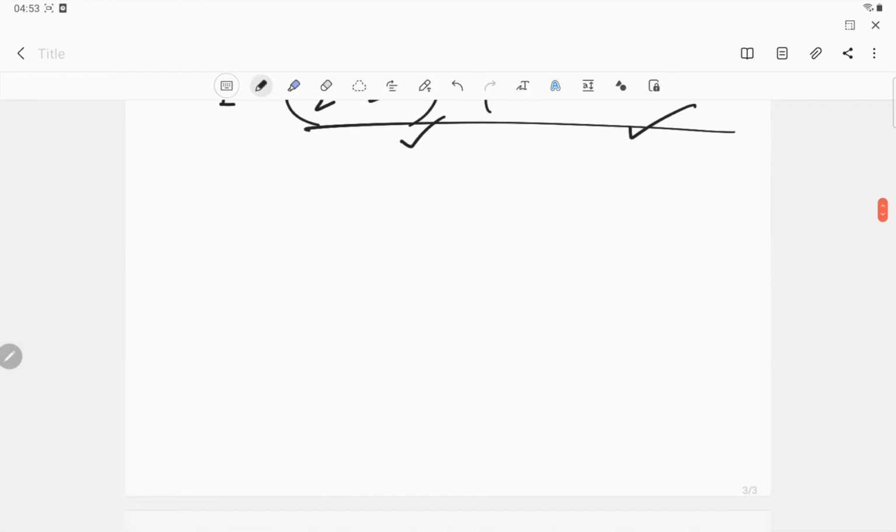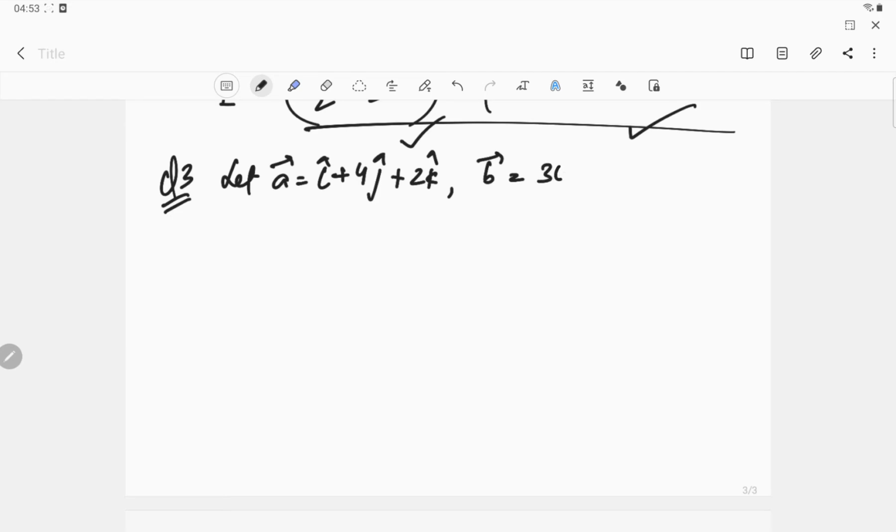So the next question we are going to do is another very important question. The question says, let A vector is equal to i plus 4j plus 2k, B vector is equal to 3i minus 2j plus 7k, and C vector is equal to 2i minus j plus 4k.